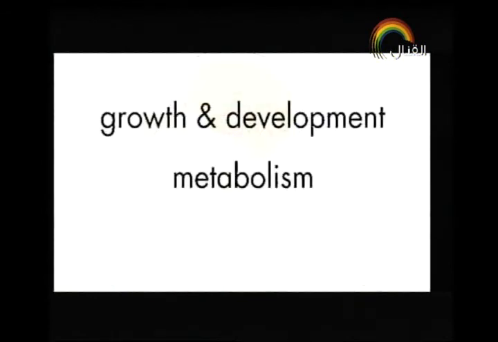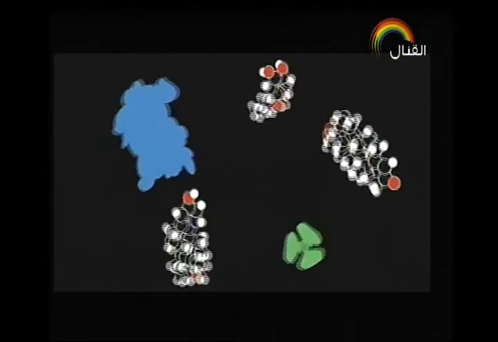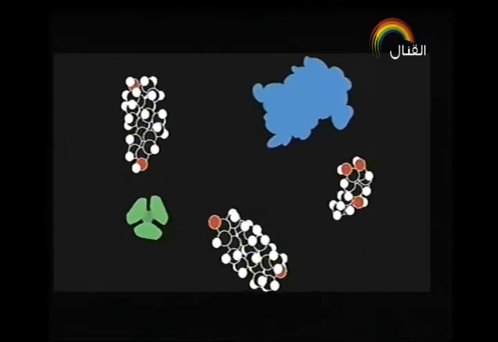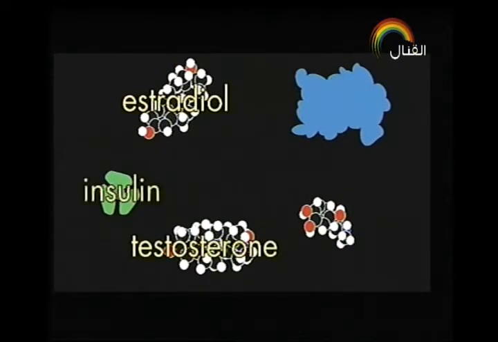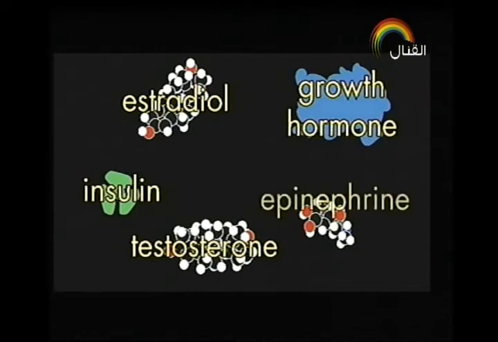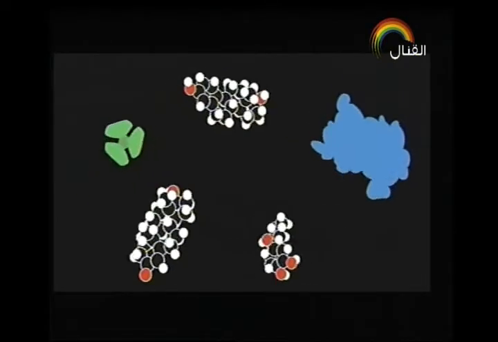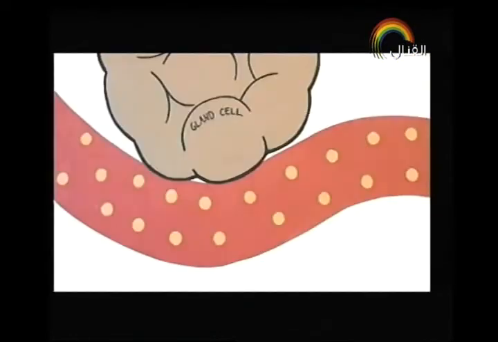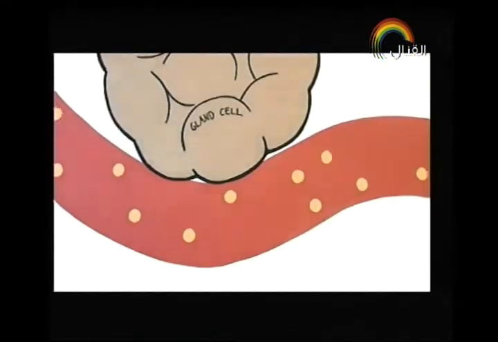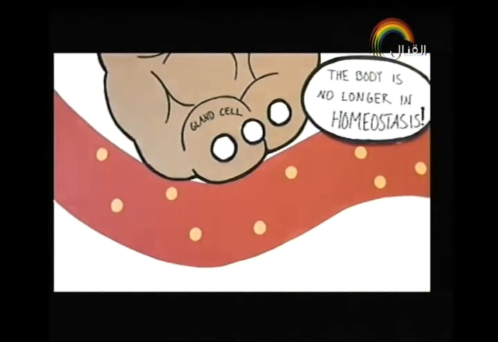Like the pituitary gland, which secretes growth hormone and other different hormones, like the thymus gland, the adrenal gland, the pancreas, and so on. And those are some examples of hormones inside your body, like insulin hormone, adrenaline hormone, thyroxine hormone. Okay, this is a gland cell.